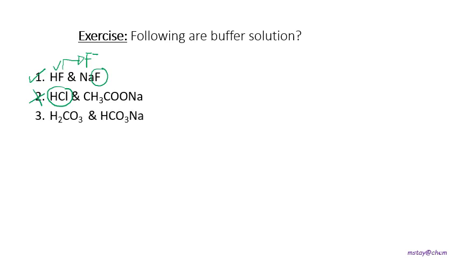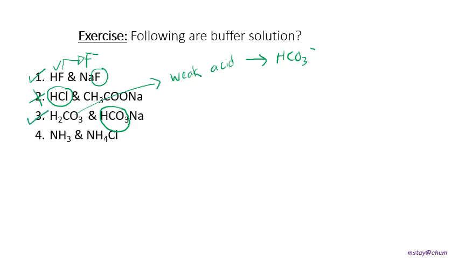The third one, H2CO3, is not in the list of strong acids, so we know this is a weak acid. And if this is the weak acid, its conjugate will be HCO3 negative, which we can see is in the salt. So that's why the third solution is a buffer solution.